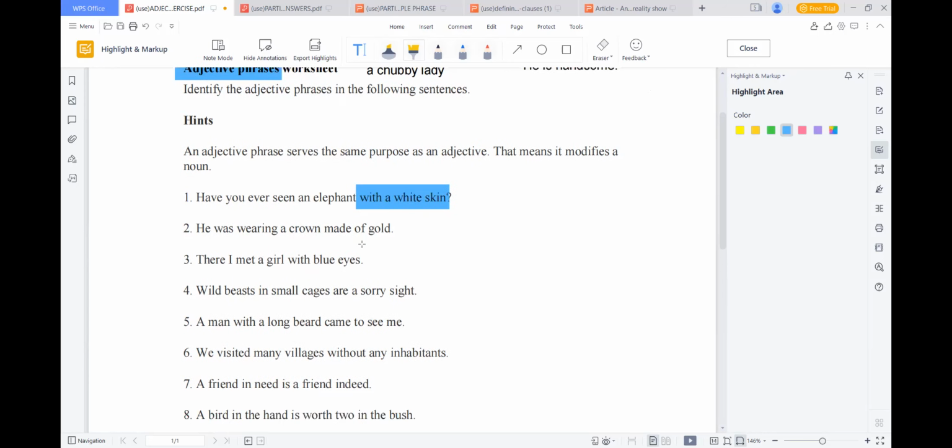So let's try out number 2. Can you read the whole sentence? He was wearing a crown made of gold. Crown made of gold. Do you understand the meaning of crown?